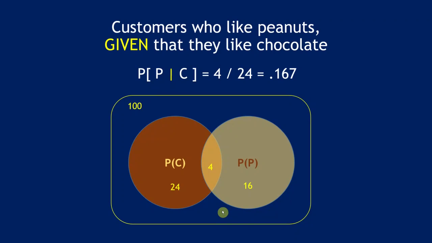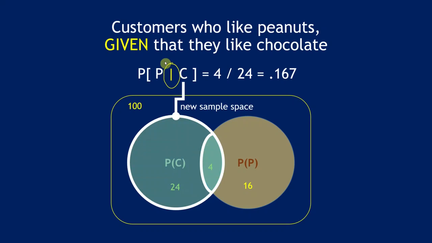So this is how we represent it formally. P given C is this little region. Okay, so this is our new sample space, and out of this new sample space, we're looking for this area. So this is 4 divided by the new sample space of 24.